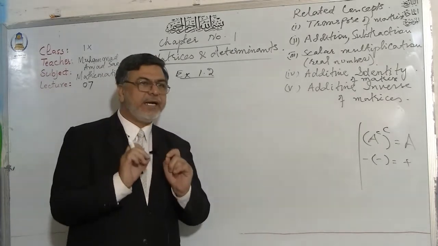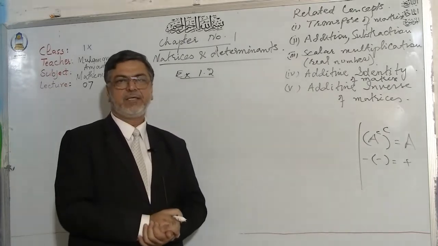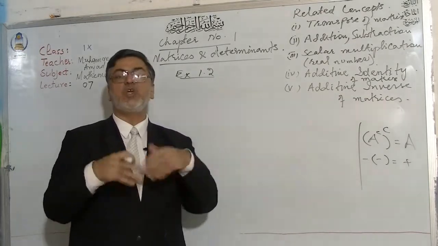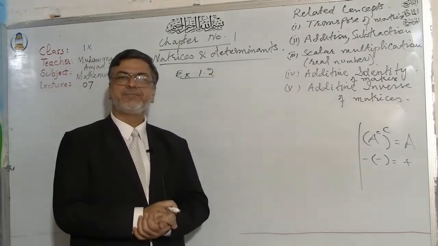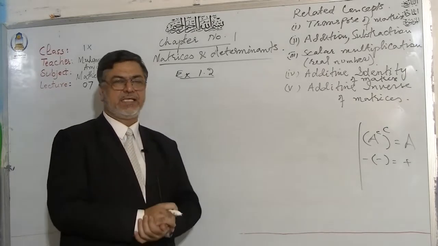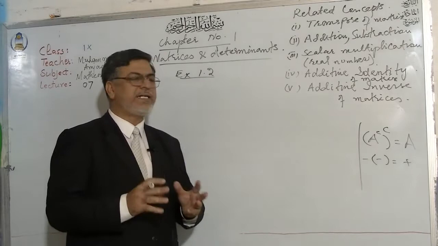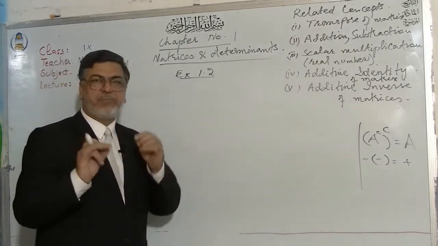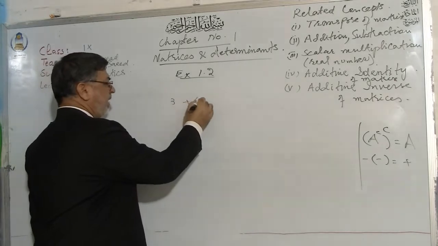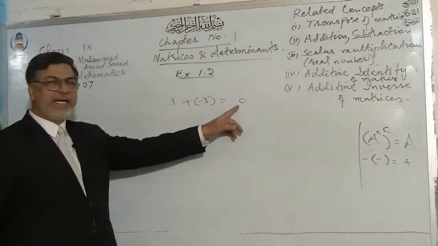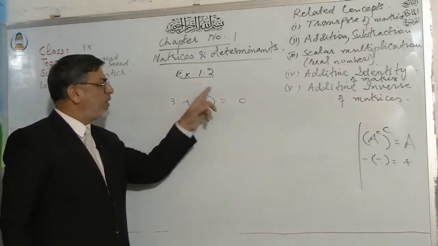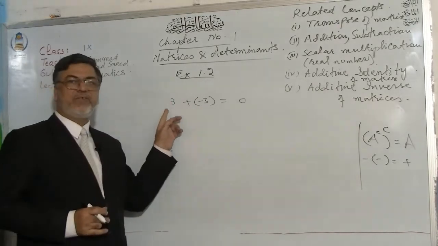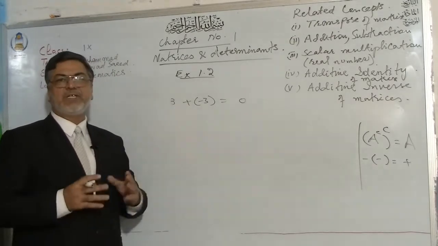Two numbers are additive inverses of each other if by adding you get the additive identity, that is 0. For example, you have 3 and minus 3, that will be 0. This is the additive identity. After adding, you are getting the additive identity. It means they are additive inverses of each other. 3 is the additive inverse of minus 3, and minus 3 is the additive inverse of plus 3.